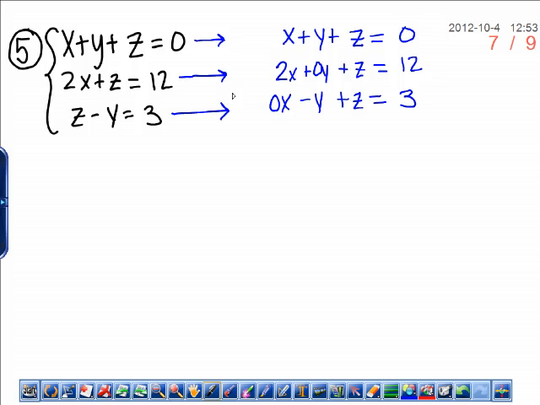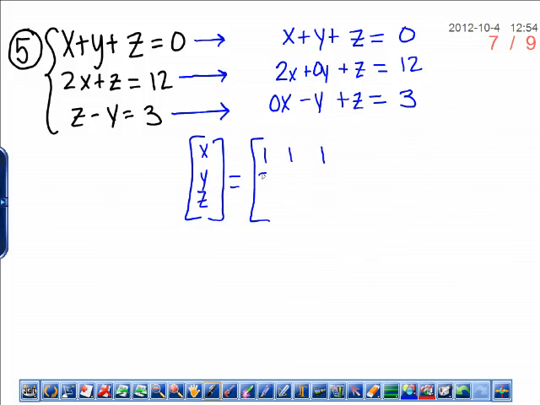Okay, so I let you loose a little too soon. Let's write this coefficient matrix. Our variables are x, y, z, correct? That's going to be equal to our coefficient matrix, so let's write that out. The top row is 1, 1, 1.